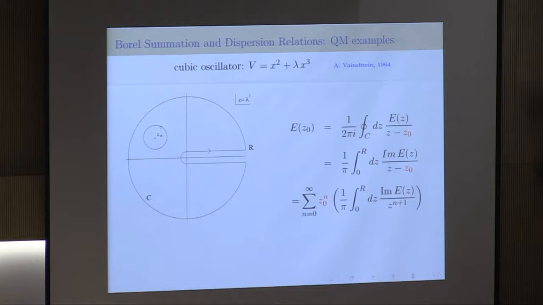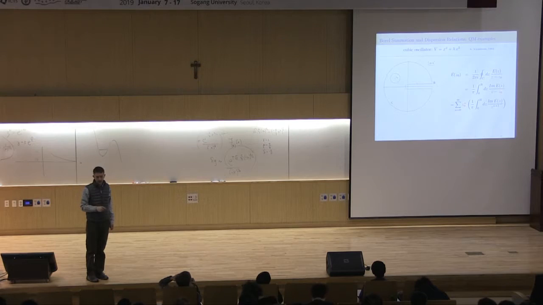And now if I assume that that cut is the only cut, I can deform that contour and wrap it around the cut. Now I have to make some assumptions about fall off in infinity, and that's to keep the mathematicians busy, to worry about things like that. But let's proceed. That means I can rewrite this as an integral of the imaginary part of the energy across the cut. Sorry, integral along the cut of the imaginary part, the jump across the cut. All right? It's just above and below the cut.